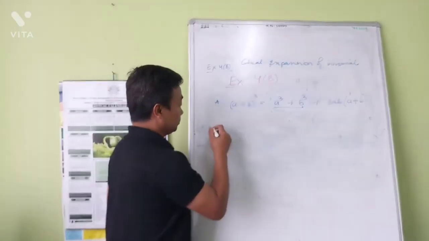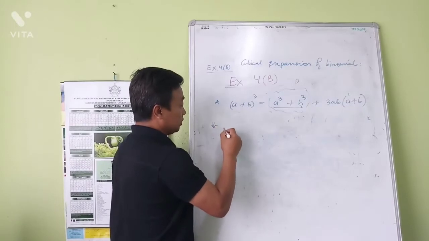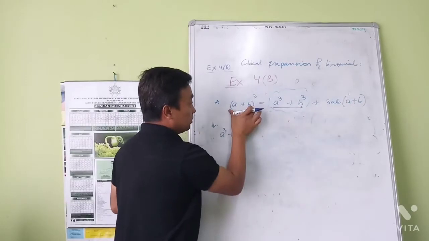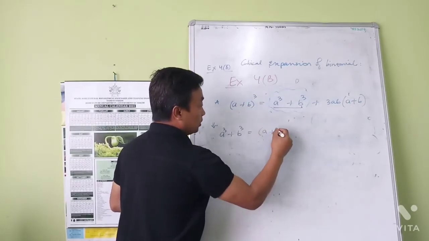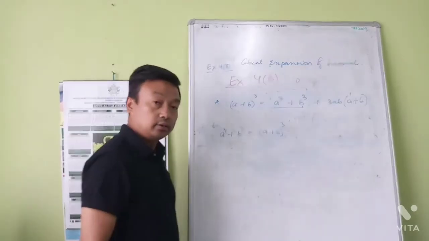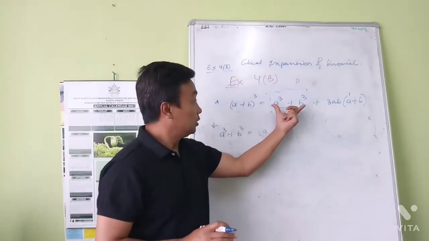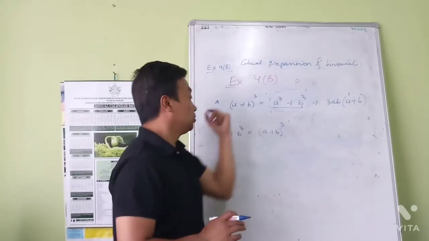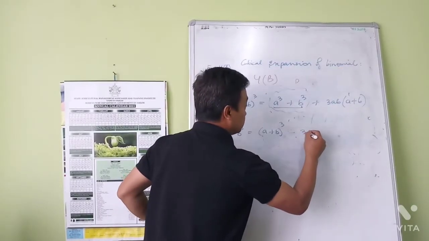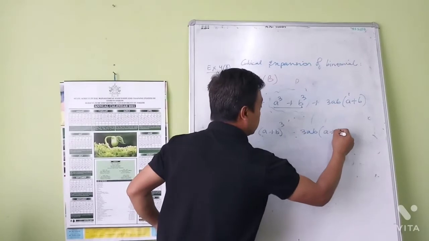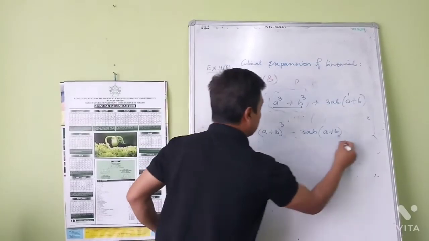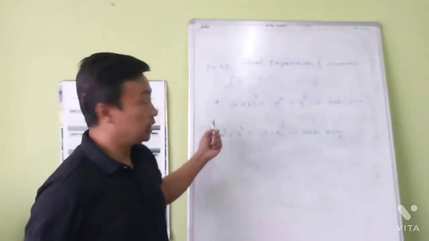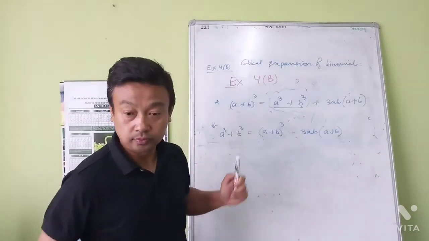So therefore we get a cube plus b cube equals to, see it is here only, this side (a plus b) whole cube will remain the same. All I have done is keep this on one side, so this whole thing will go to the other side. It becomes minus 3ab bracket open a plus b. So this will be another formula for a cube plus b cube.